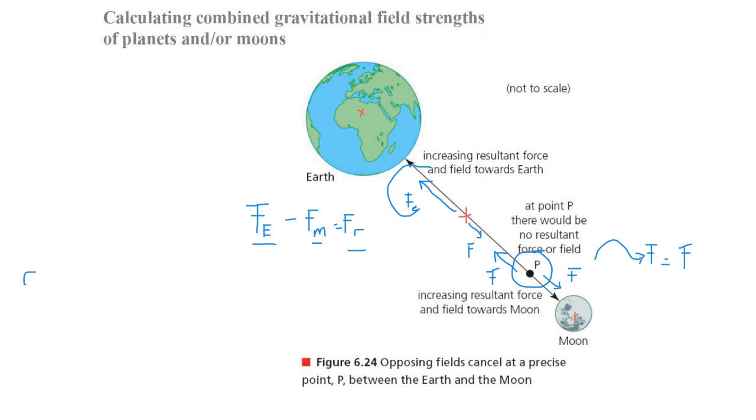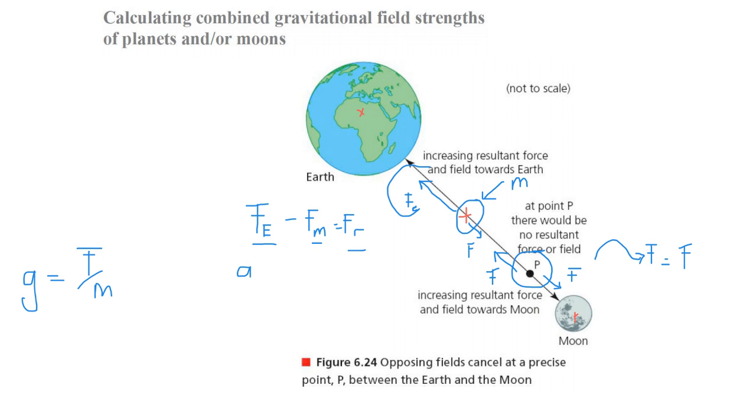Now, remember that gravitational field strength is simply force per unit mass. So if you want to consider the force per unit mass acting at this point, it's exactly the same. The force per unit mass means that you disregard this mass. You don't need to worry about that mass.